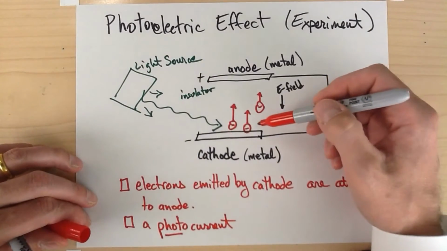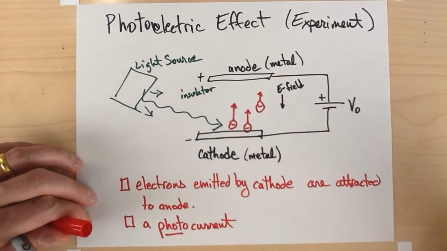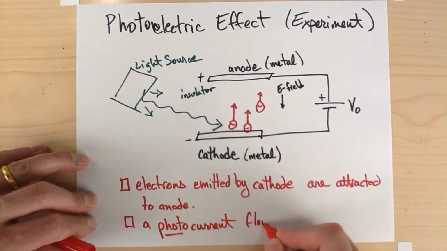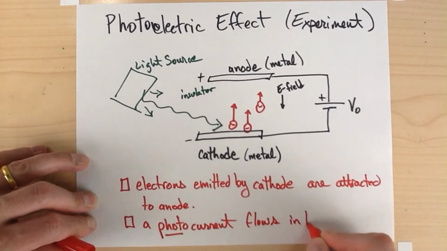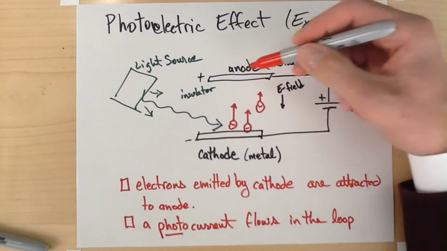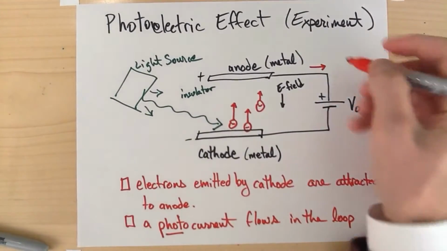But these are electrons that need the photons to be liberated from the cathode. All right, and then of course these electrons can come all the way to the anode and then lead to an actual current, a photocurrent.